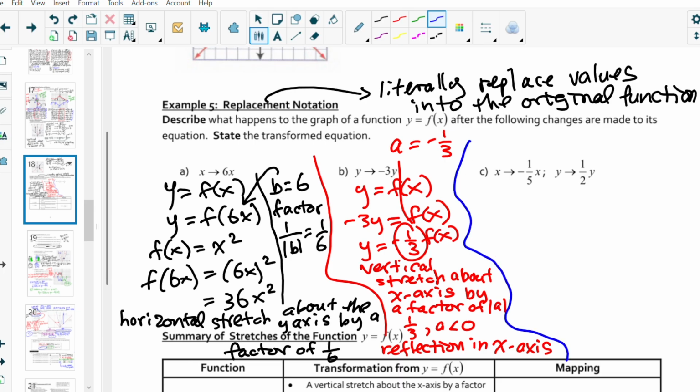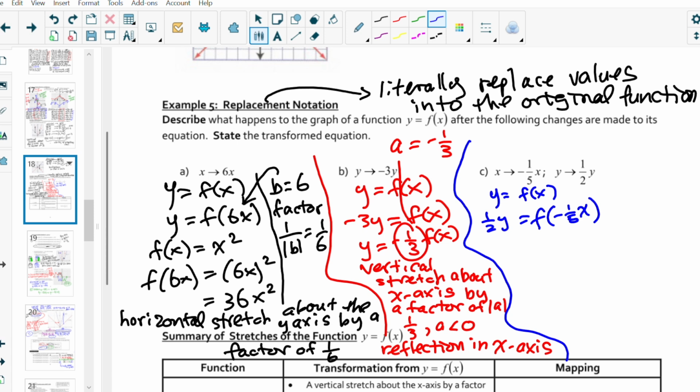Okay, here's this last one. X is replaced by negative 1/5 x, y is replaced by 1/2 y. So if I have y equals f of x, well, let's replace it. So y gets replaced by 1/2 y, f of, not x, but f of negative 1/5 x.